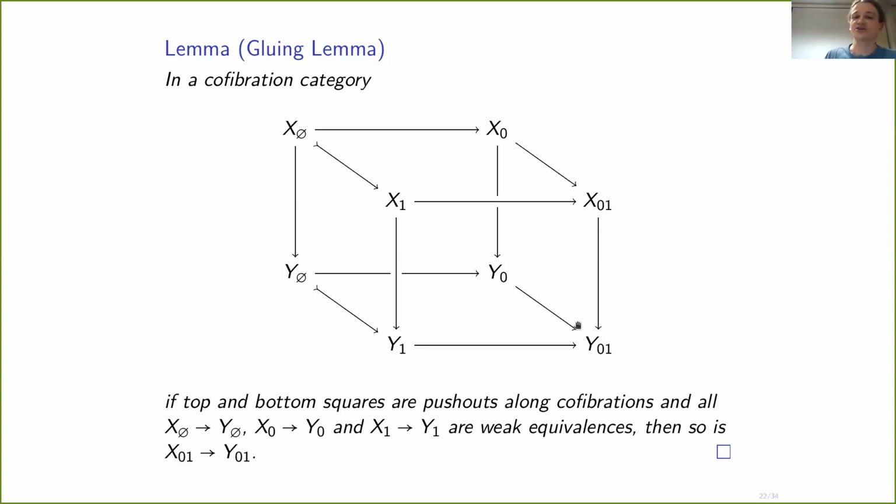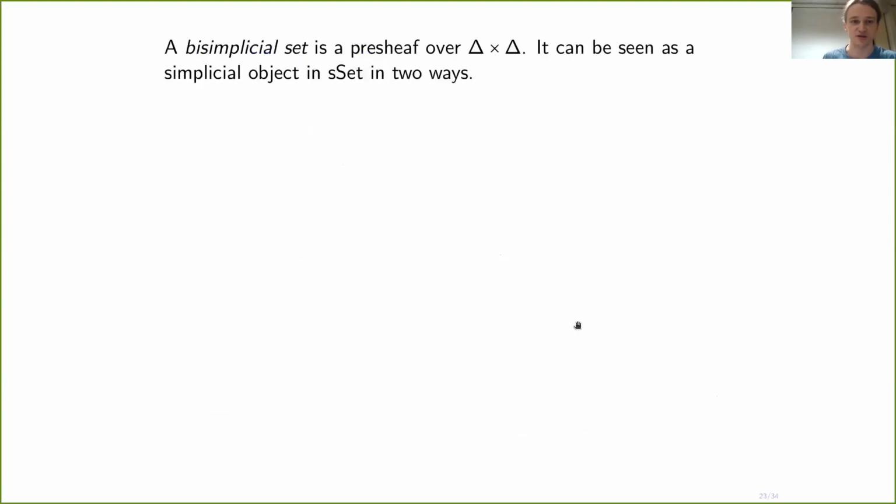And statements like this are really the reasons why we care about model categories and why we care about cofibration and fibration categories, because these are the frameworks that allow us to prove statements like this. And right now, we have proven this for maps between cofibrant objects. The assumption is that all of this is cofibrant here. But that's a good starting point to proving more things that we need.